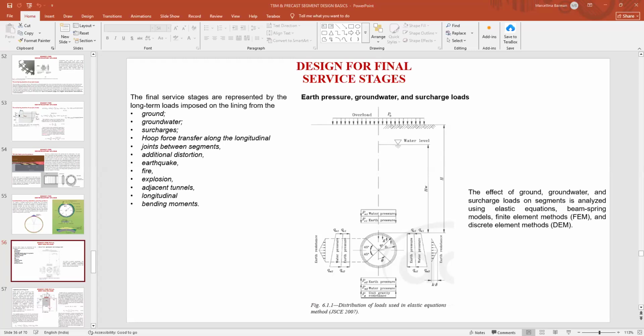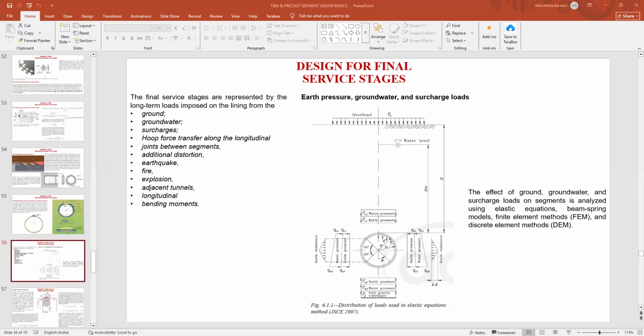Sir, before the primary grout, due to the overcut, there is no contact between the TBM and the grout. So when we are designing for the primary grout, what type of support system are we providing? Are we using springs, or how do we model that? In the primary grout condition, there is no ground contact because of the overcut.